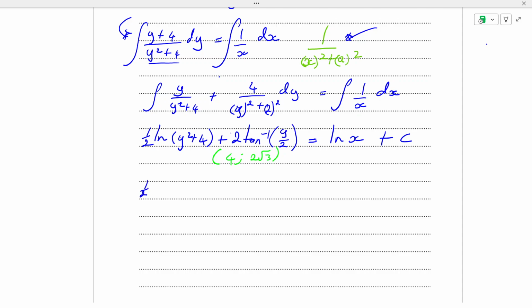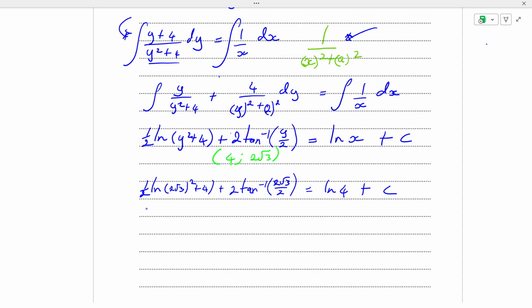So we'll plug that in. When we plug it in, we have half ln of (2 root 3 squared plus 4), plus 2 tan inverse of (2 root 3 over 2), is equal to ln 4 plus c.